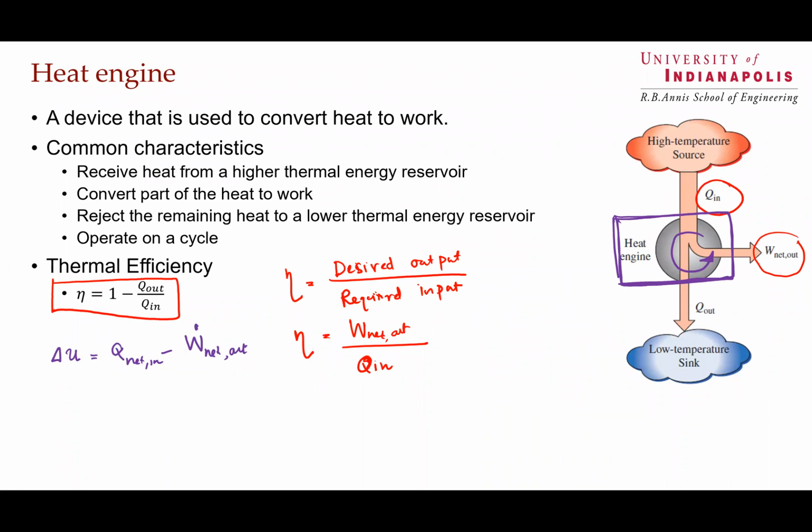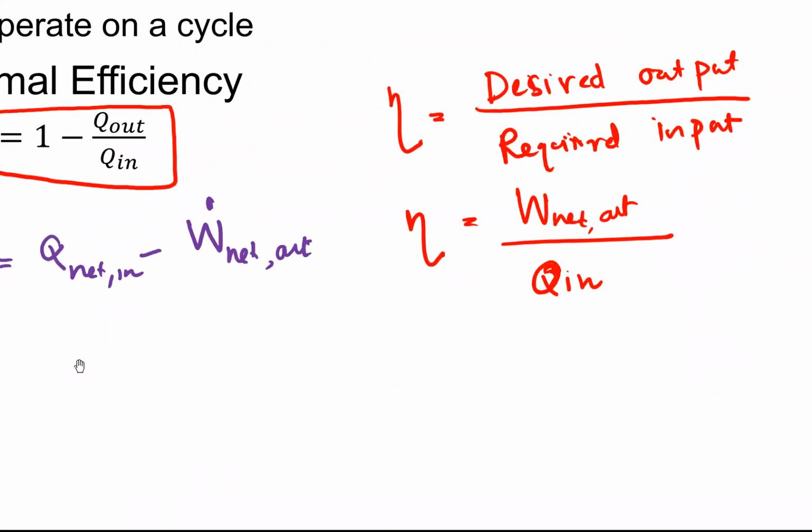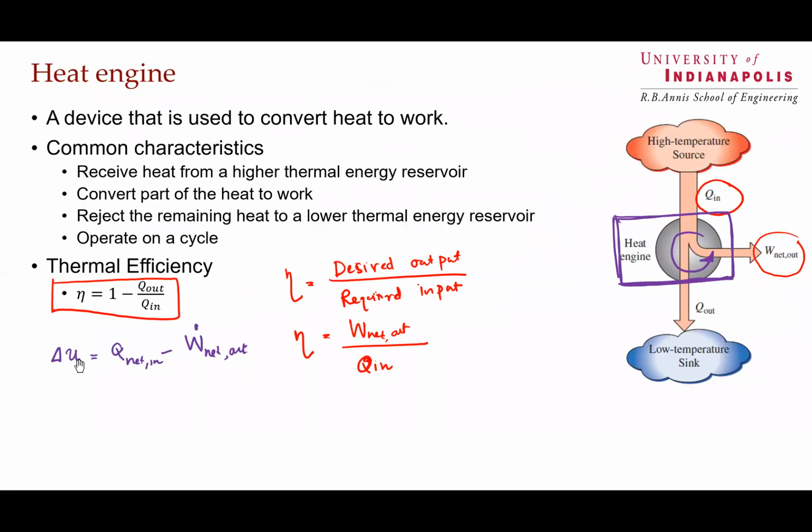So let's say it started at state one and ends at state one. So it's U1 minus U1, which is 0, equals Q net in minus W net out.